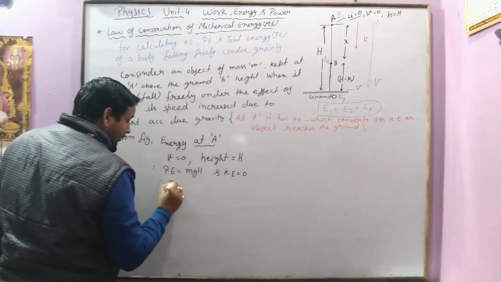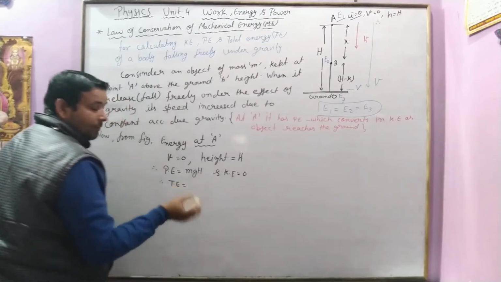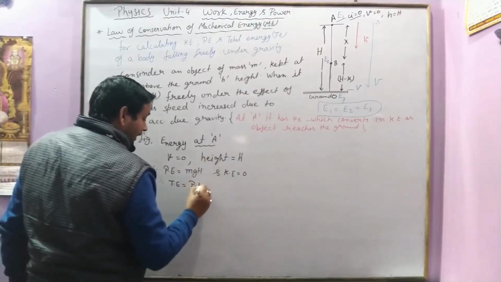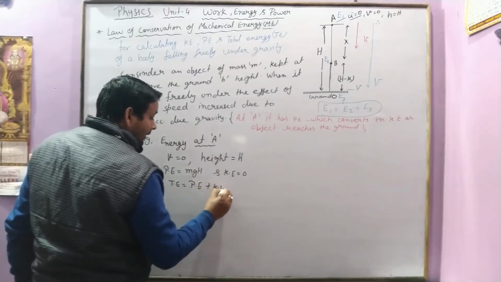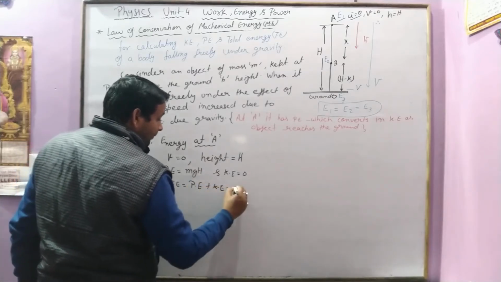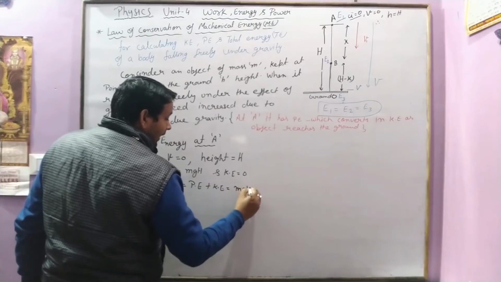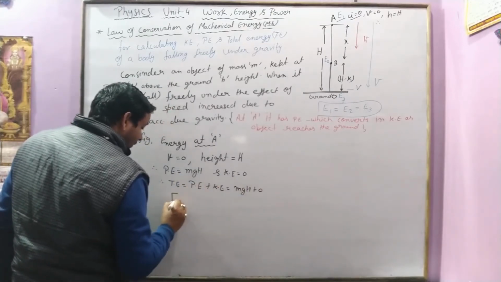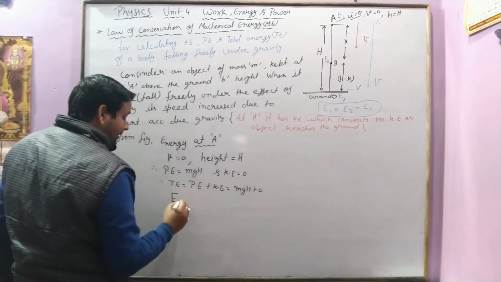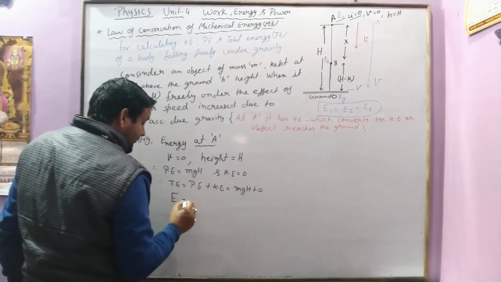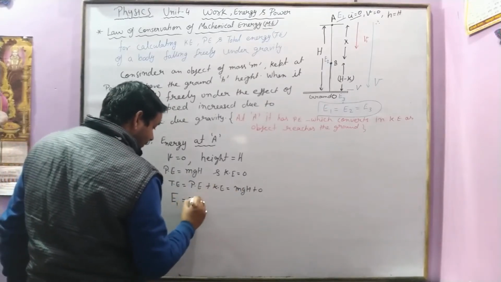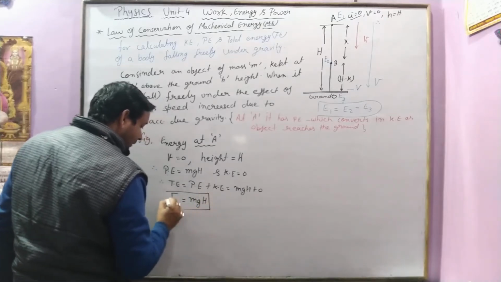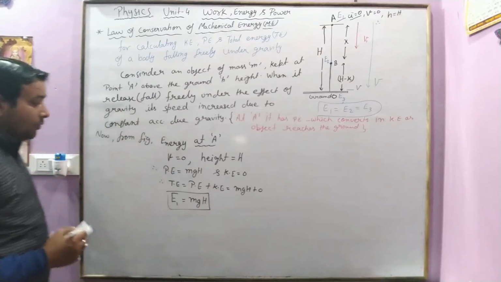Therefore total energy, or mechanical energy, is the sum of potential energy and kinetic energy, that is mgh plus 0. Therefore energy at A is mgh, this is E1.